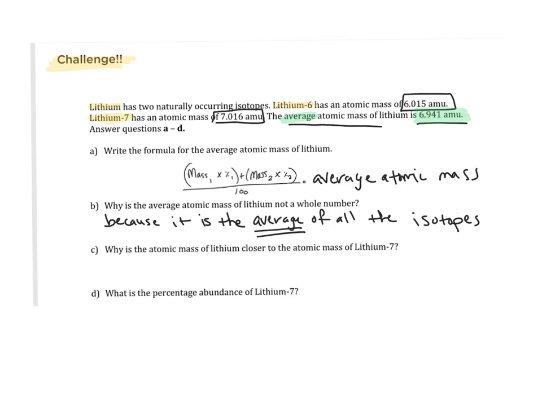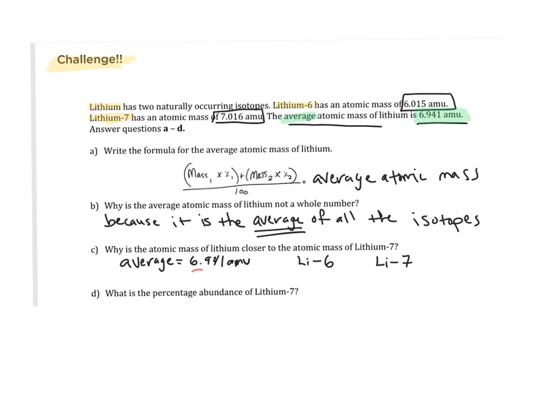Question C, why is the atomic mass of lithium closer to the atomic mass of lithium 7? Here they mean the average. The average is 6.941, between lithium 6 and lithium 7.